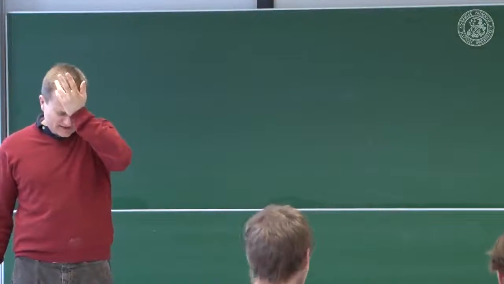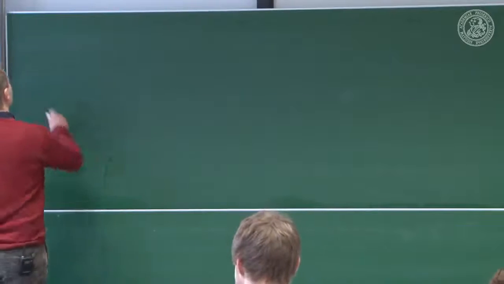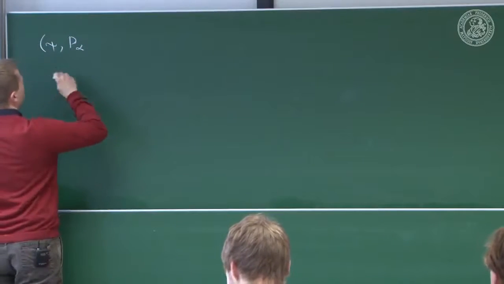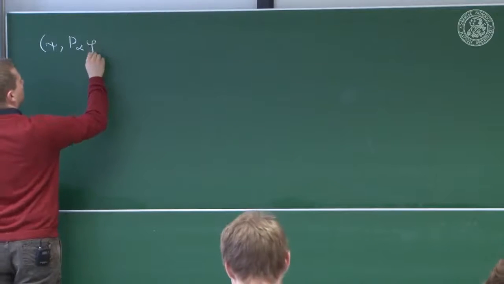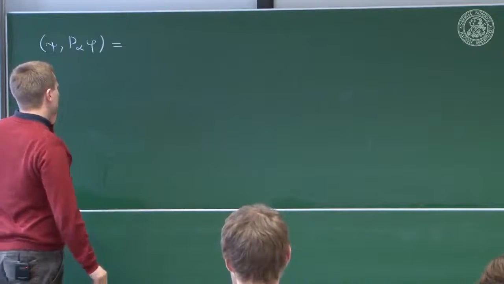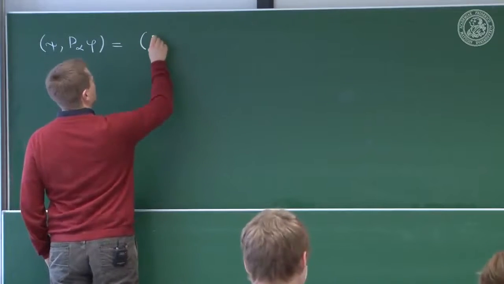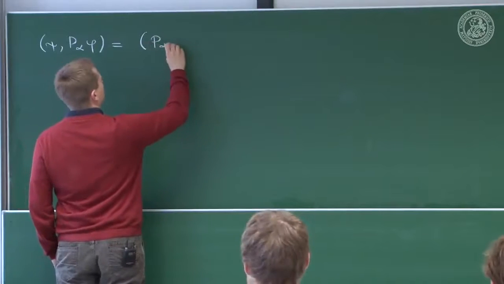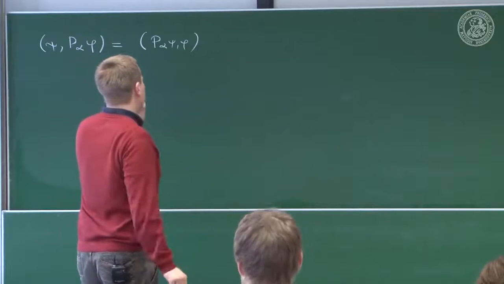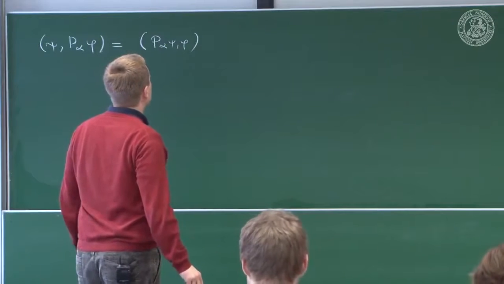In the break, I realized we just made a mistake, but you didn't realize. So we started with psi, p alpha phi, and we calculated that this is something which I claimed, and that's the mistake, I claimed this was p alpha psi comma phi, and then we had 2 extra terms, and they were in principle correct.